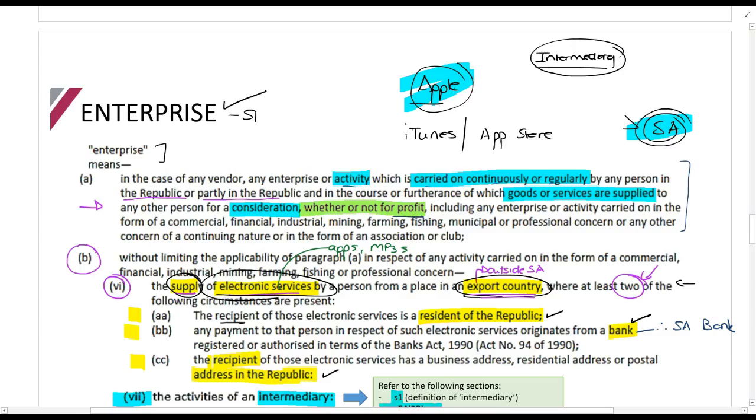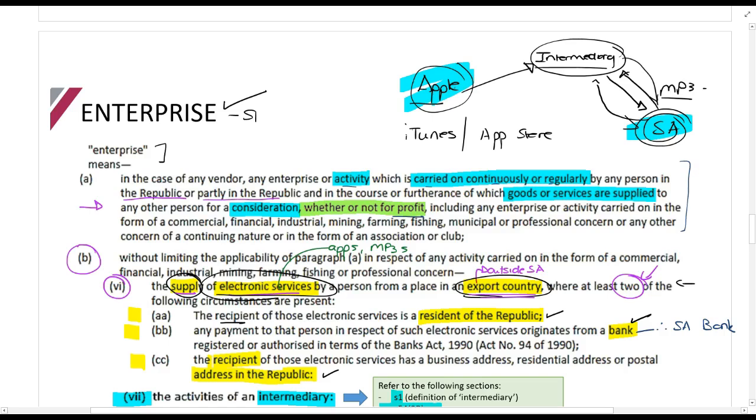So a person in South Africa says, okay, I want to buy a new MP3 from Apple. They go into the App Store, they put in their request. That request goes to the intermediary. This intermediary then sends an invoice to the South African and collects payment. The intermediary then gets the app, or the MP3, from Apple, and sends it to you.